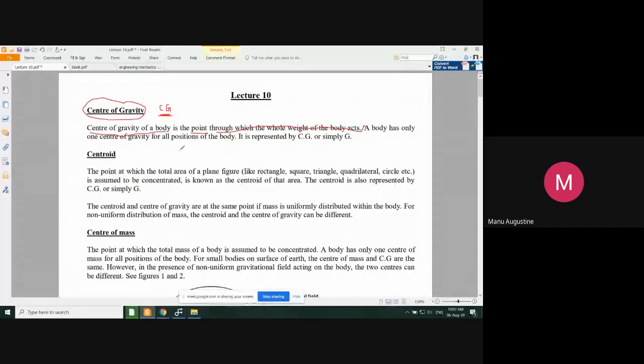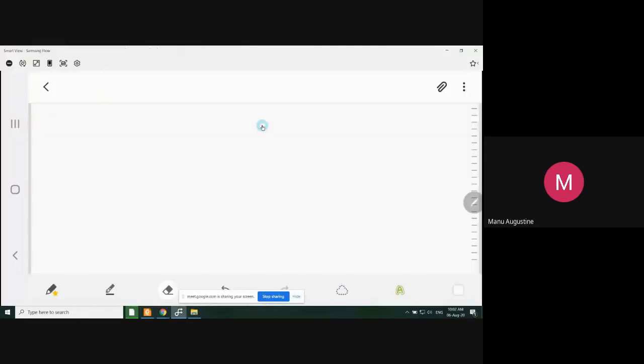Okay. So center of gravity is a point at which you can assume the whole weight of the body to be concentrated. Now there is an interesting experiment regarding this. For example, if I have a non-uniform body of some random shape, no identifiable shape. This is a random body.